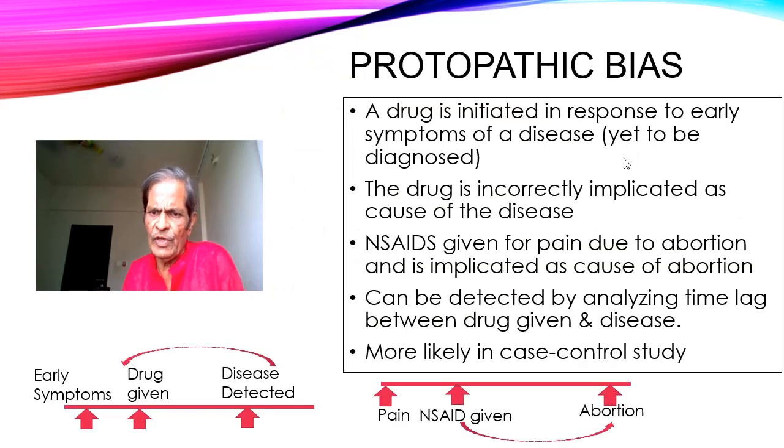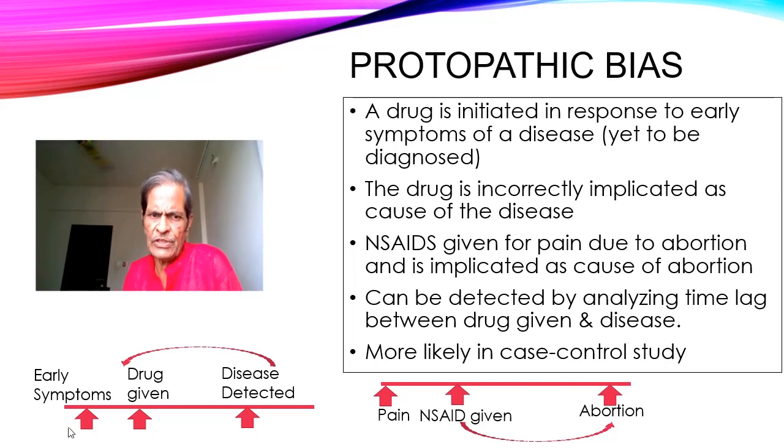In this case again, protopathic bias can be detected by analyzing the time lag between the drug given and the disease. So if the drug is given after the early symptoms, then protopathic bias is there. But if the NSAID is given before the symptoms of the abortion have started, then protopathic bias is less likely.